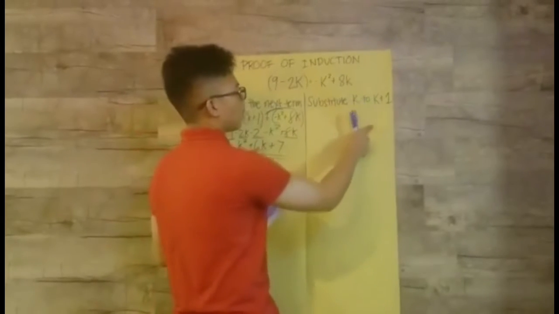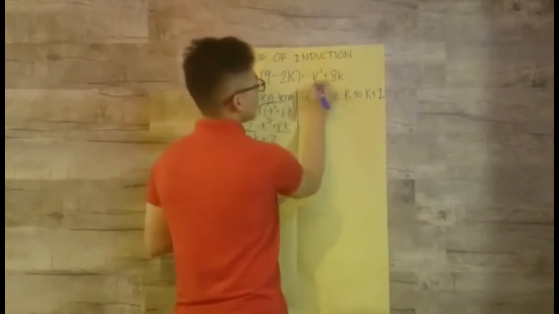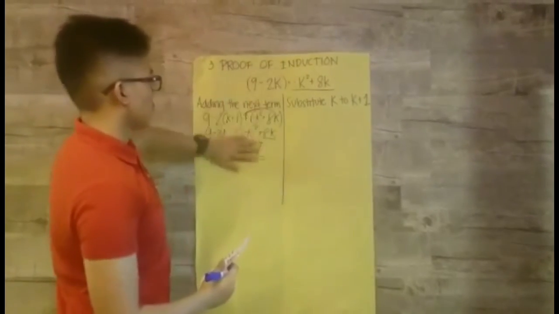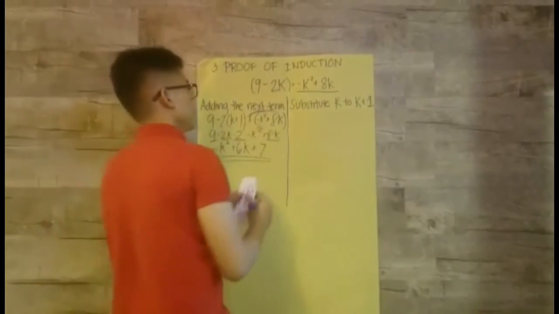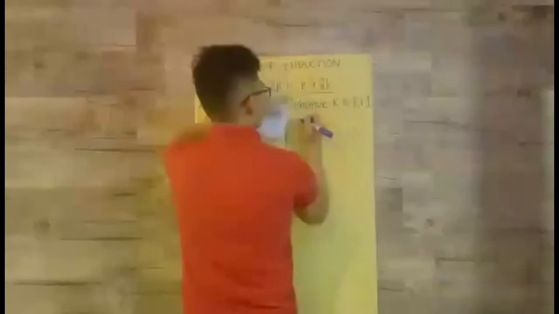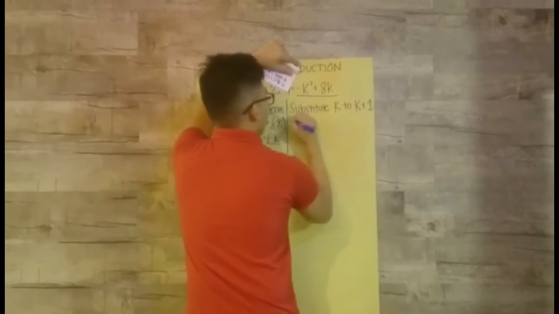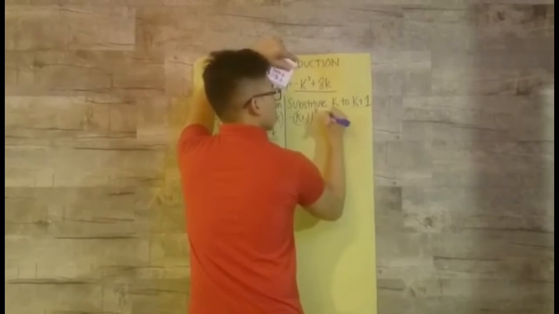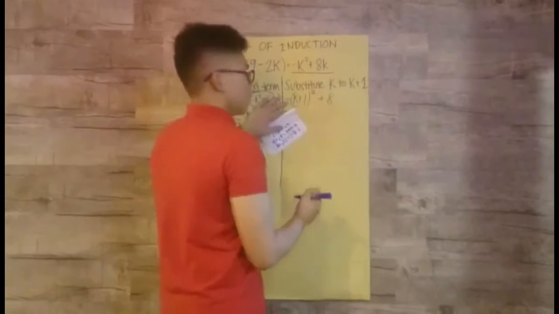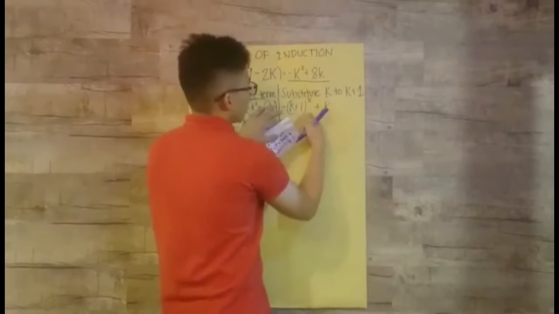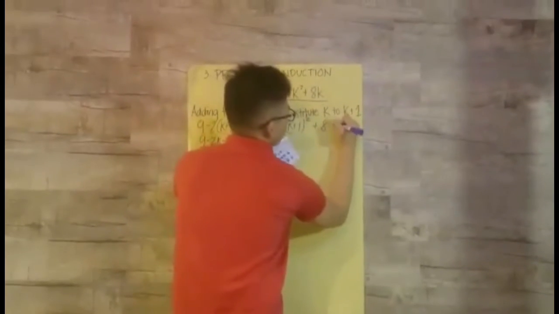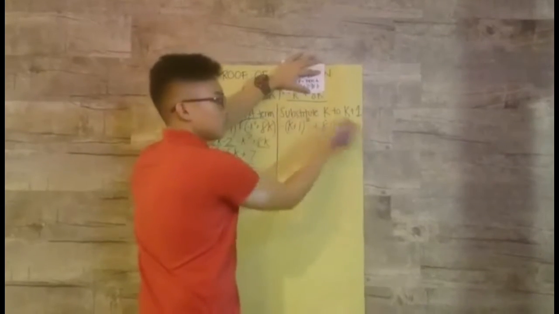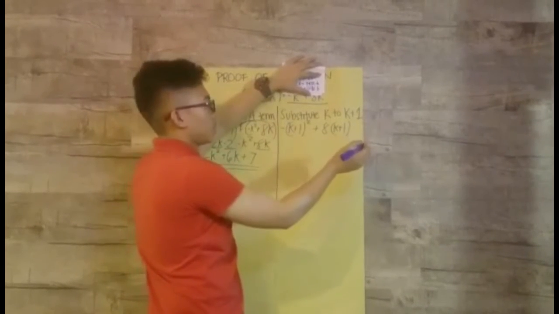Substituting k to k plus 1. In this part, you will only use this one because this part is already tackled here. So, negative k plus 1 squared plus 8 times k plus 1. Distribute the following.